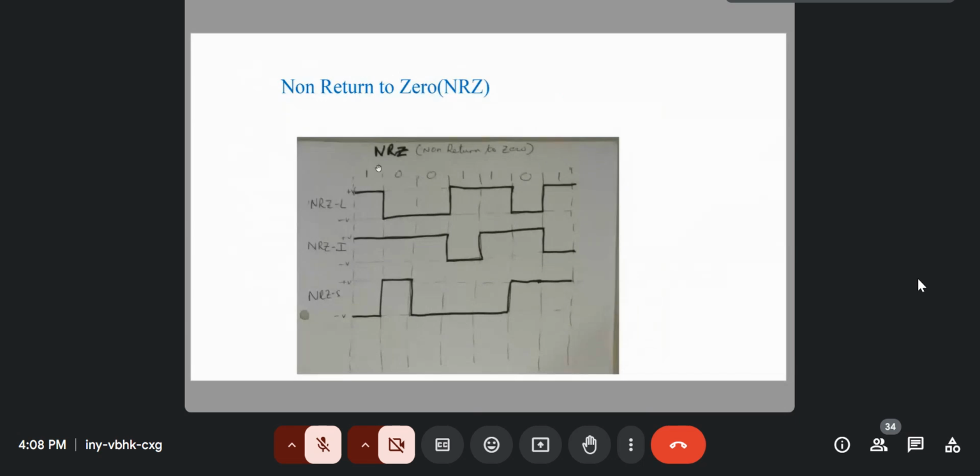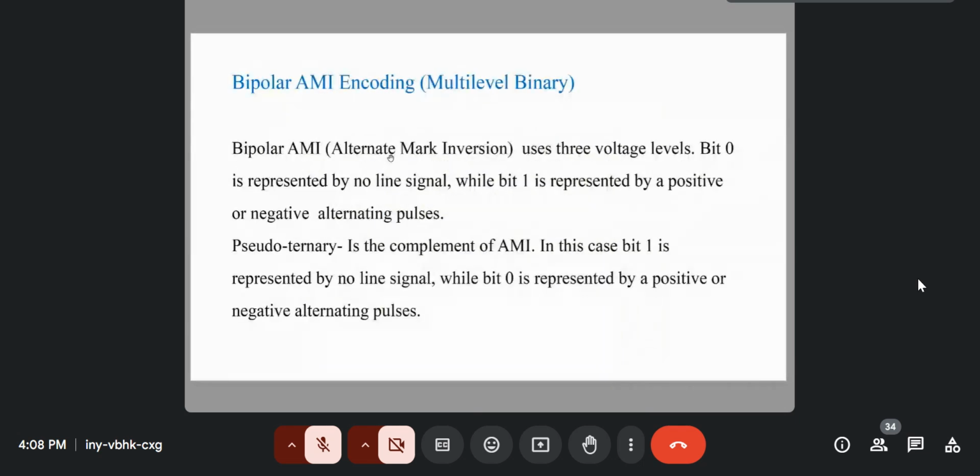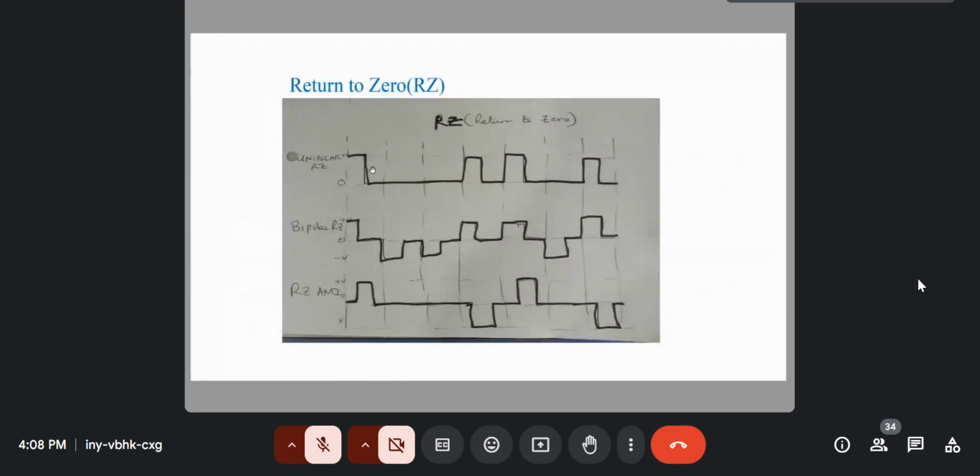But just looking at this RZ, this must be a 1, this is a 0, this is a 0, this is a 1, a 0, a 1. So we assume all these other waveforms are following the same. That's why I was talking about indicating. Did I answer your question?